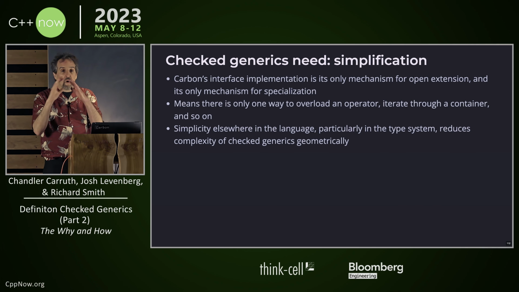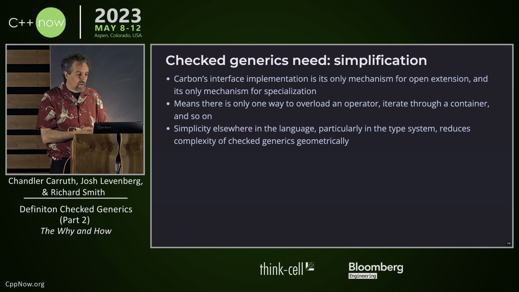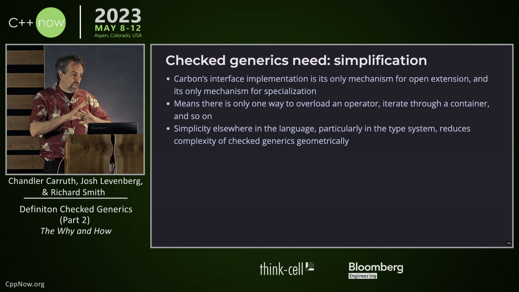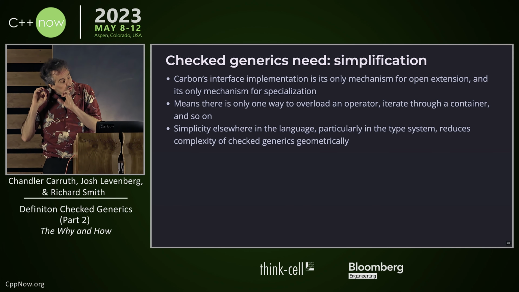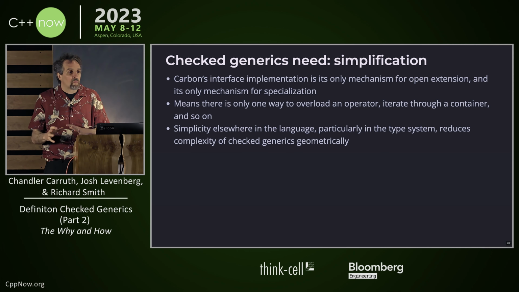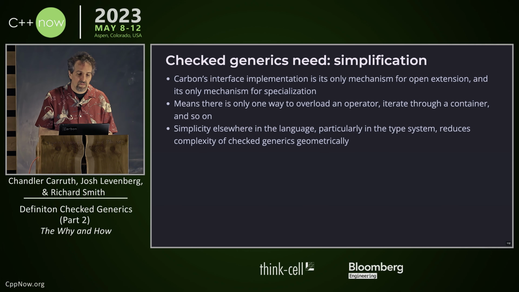That means there's only one way to overload an operator, only one way to iterate through a container, and so on. Simplicity is super important here, and really affects the complexity of the generic system.